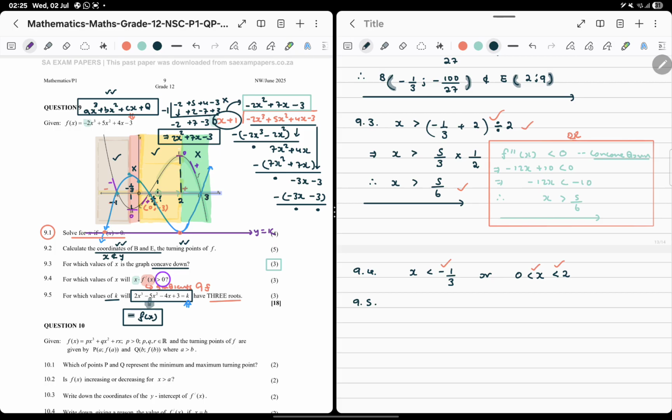This is the line y equals k. But if we do it in between, we will have the line y equals k, and we see that we've got 1, 2, 3 intercepts. This continues until we get to the turning point.